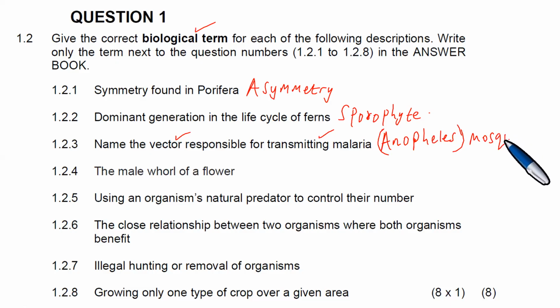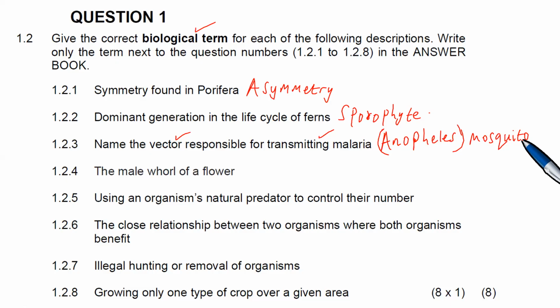Right, so you need to just note that. The Anopheles mosquito is the vector responsible for transmitting malaria.